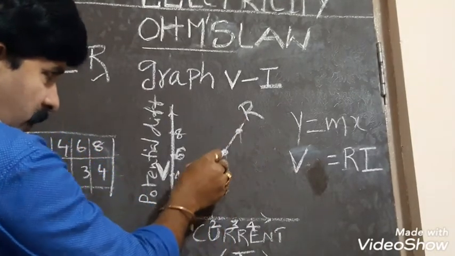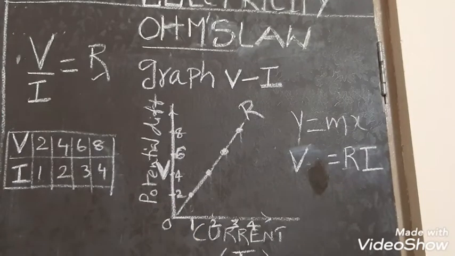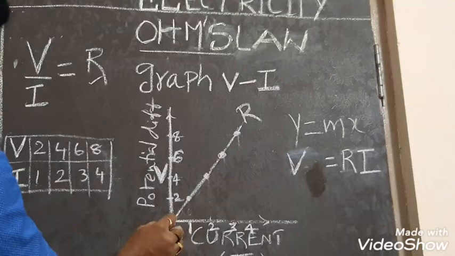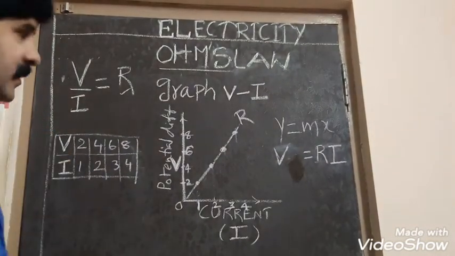Now, you combine all the dots. We got a straight line passing through the origin.